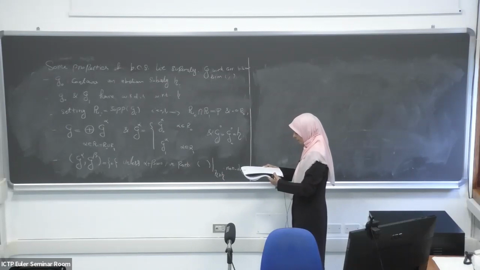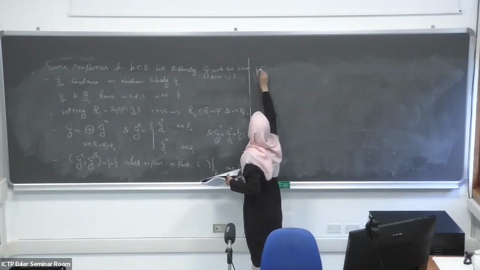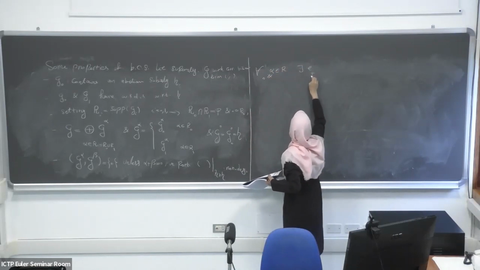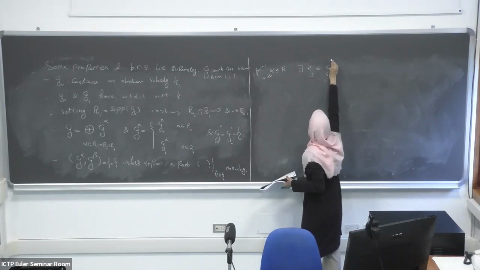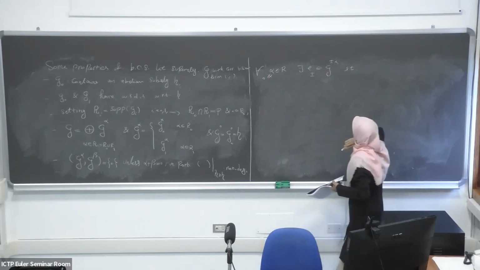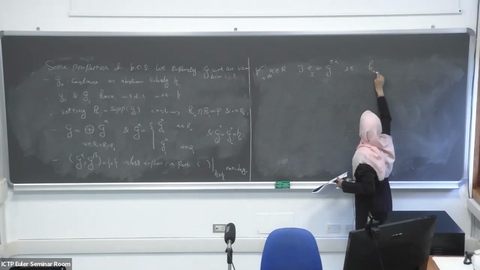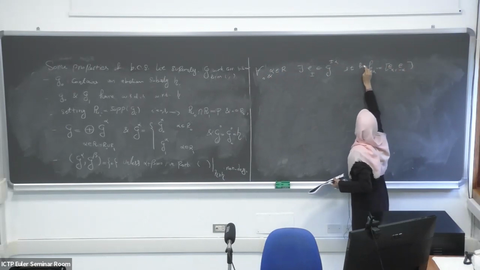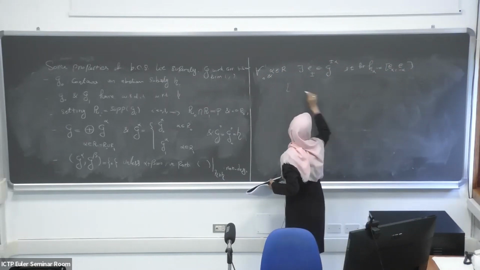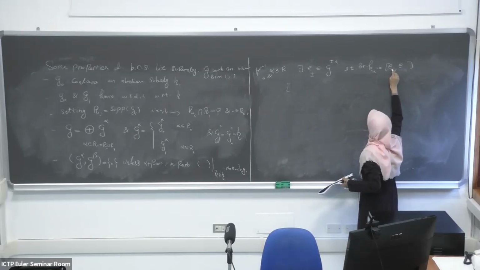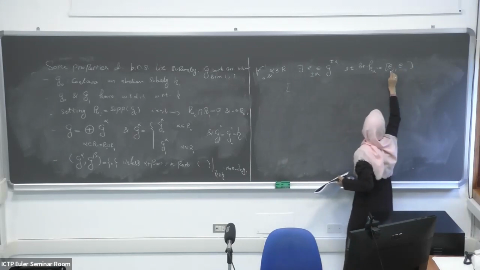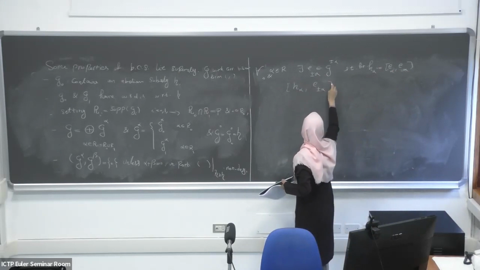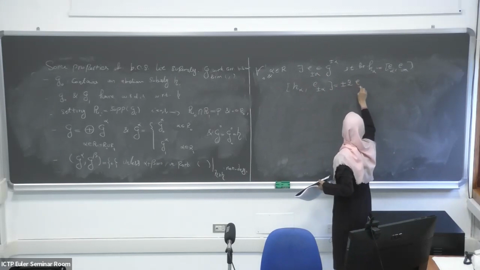Okay. For each alpha belonging to R, which is not 0, there exists E plus minus alpha in G plus minus alpha, such that the bracket of H alpha with E plus minus alpha is plus minus 2 E plus minus alpha.